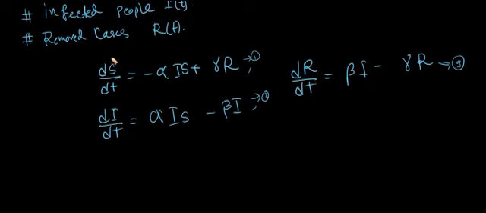That means if someone wants to solve this ds by dt and solve for s, one also needs to find the solution for this I and this R. So this I and R are also expressed via two differential equations, and these are also related with s. So each of these variables, s, I, R, are coupled with each other.